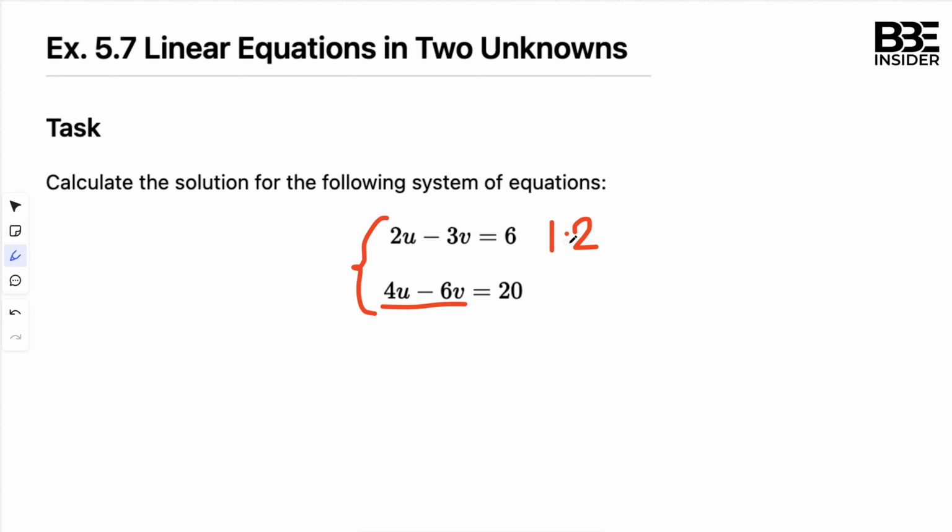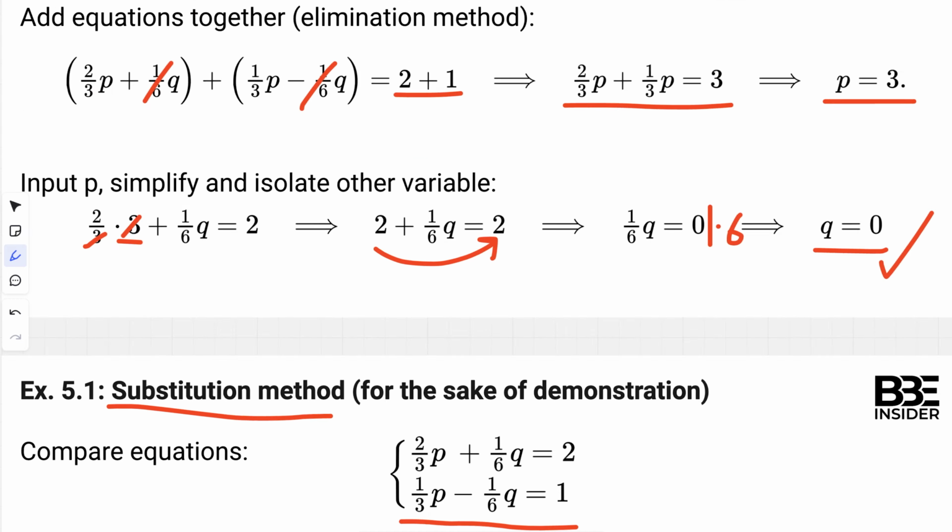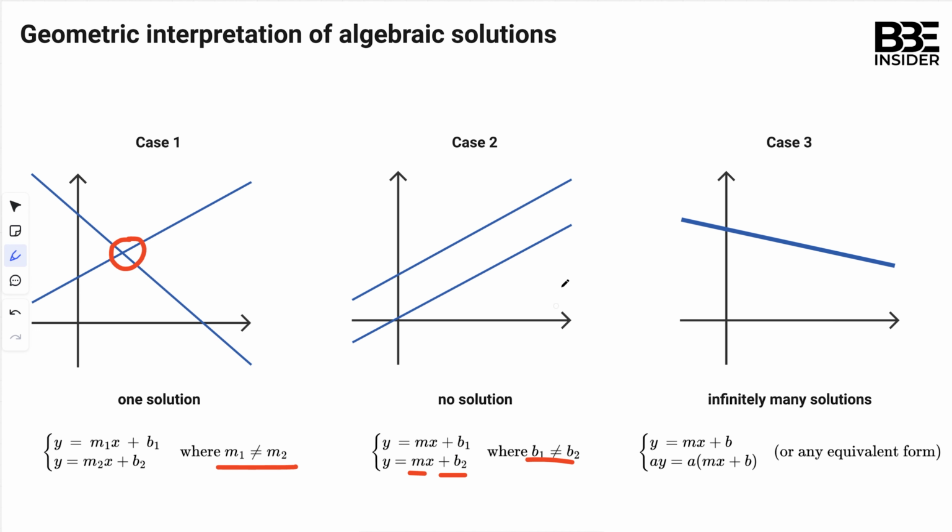This discrepancy signals that there is no point with u and v that satisfies both equations simultaneously, and therefore there is no need to start the elimination method or the substitution method at all. As these both left-hand sides are equal but the right-hand sides differ, we have the second case like we talked about in the beginning.